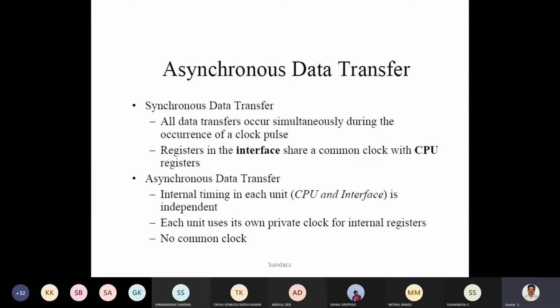In the case of synchronous data transfer, CPU will have a clock, and the same clock will be used to connect CPU and other blocks. Let me draw a diagram so that you will understand clearly.